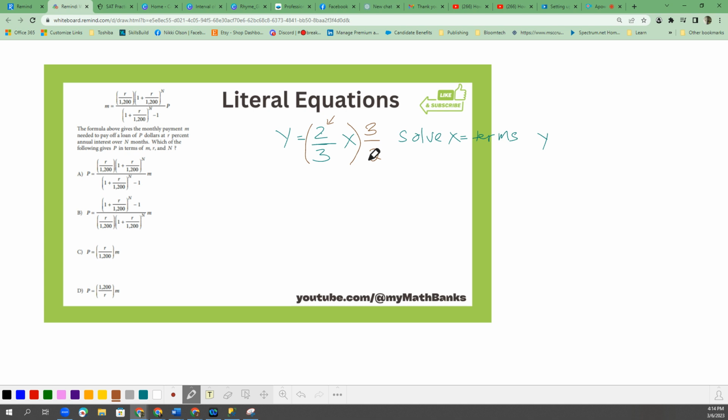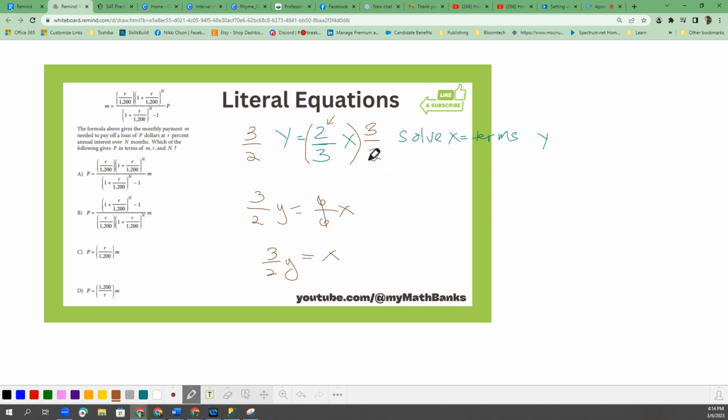If you multiply the right side by 3/2, then you need to multiply the left side by 3/2 as well to keep the equality. So now you will have 3/2 y equals 6 over 6x, or in other words, x. You technically just solve for that.